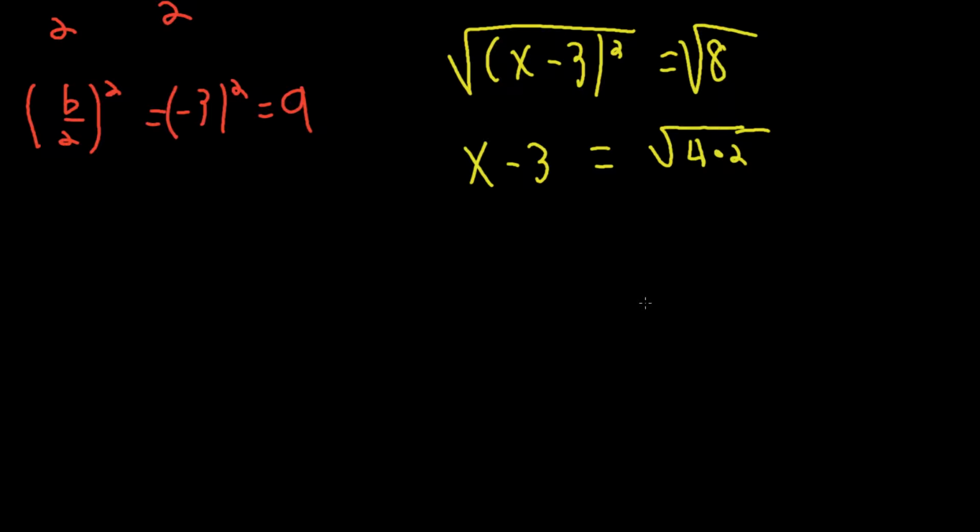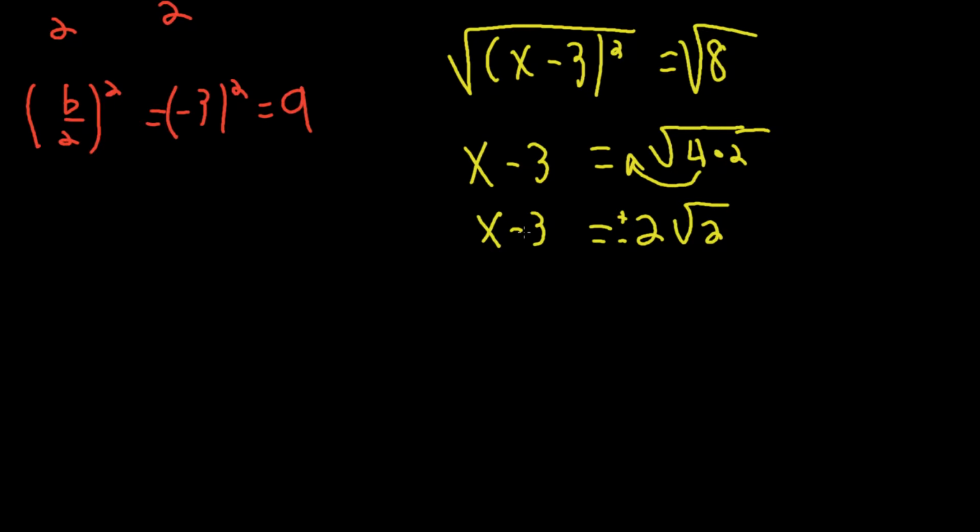And from your radicals little homework assignment you did, you should know that if I have a 4 here, then I can rewrite this as 2. We're bringing the 4 out like that since it's a perfect square. We have 2 square root of 2. And don't forget plus or minus. And then over here we still have x minus 3.